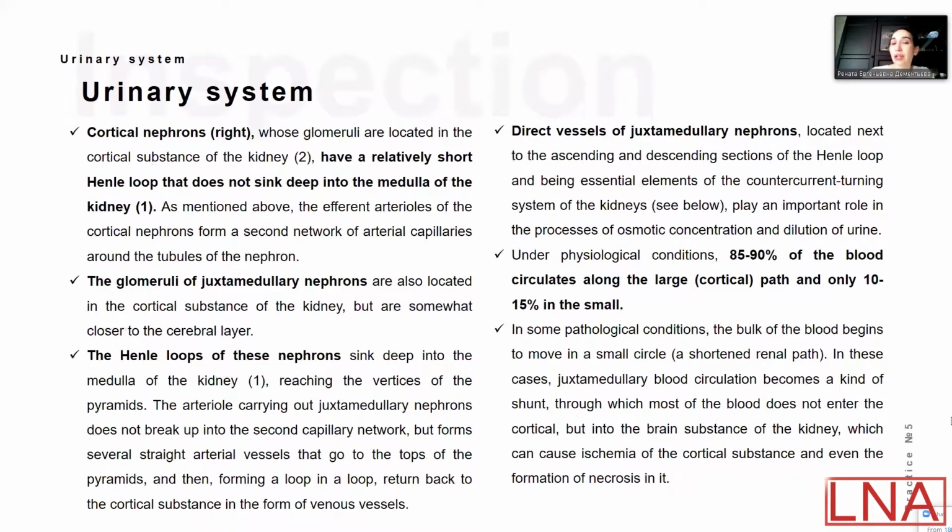Under physiological conditions, 85–90% of the blood circulates along the large or cortical cycle, and only 10 to 15% in the small or medullary cycle of circulation.